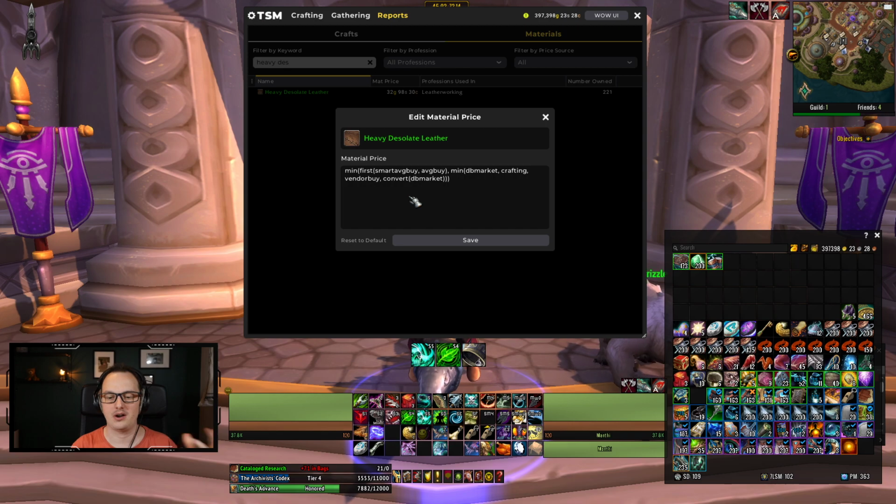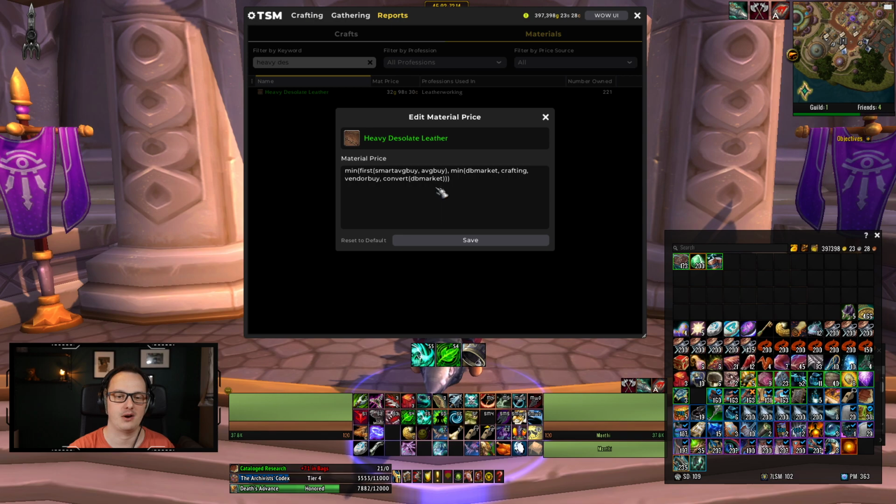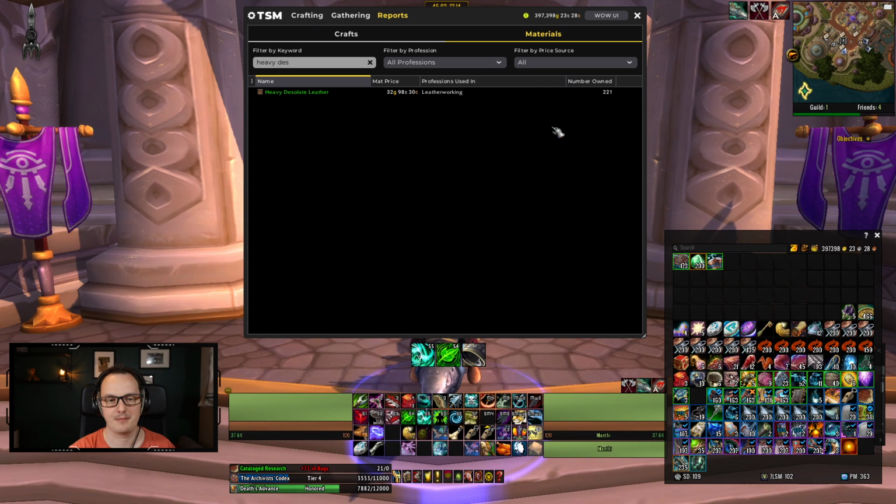The more you buy items, the more you craft things with, the closer to reality the numbers do become. And playing around and customizing some of these material prices can have a dramatic effect on the way the rest of the add-on works. But fundamentally, that is how TradeSkillMaster operates.